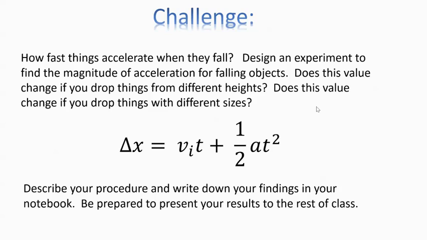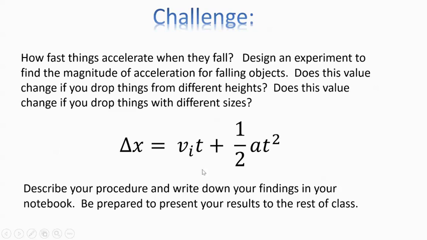So the way you do this is you're going to use this equation where displacement is equal to the initial velocity multiplied by time plus 1/2 at squared. Now, how are you going to use this equation to find the acceleration? Well, if you drop something, displacement is just the height that you dropped it from.